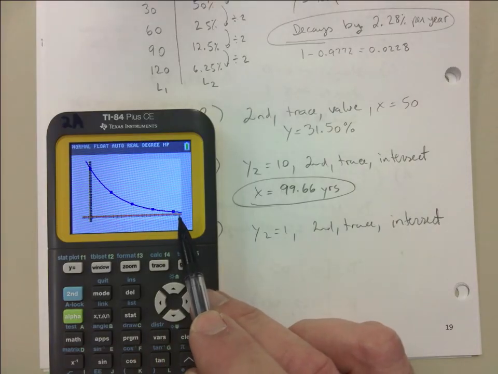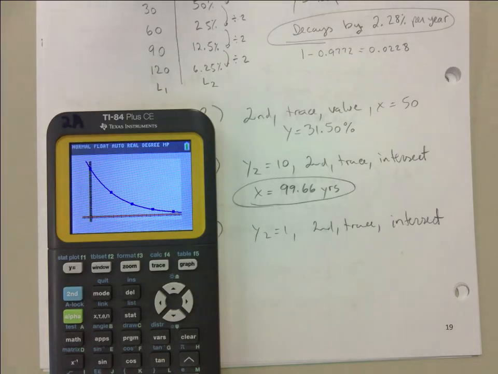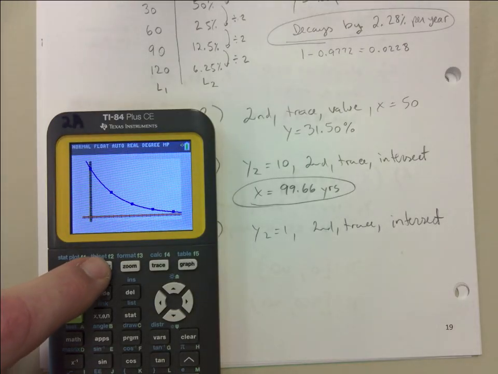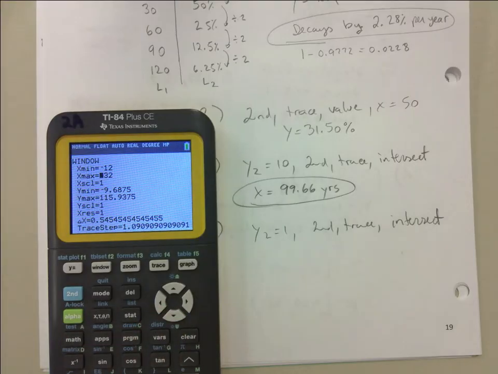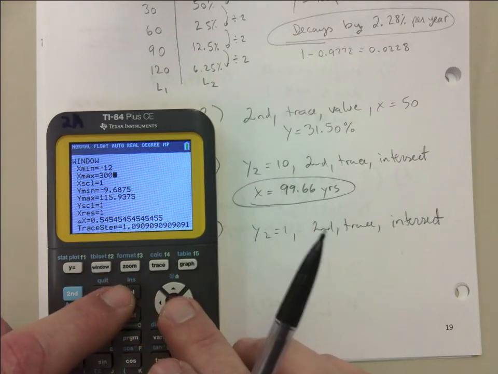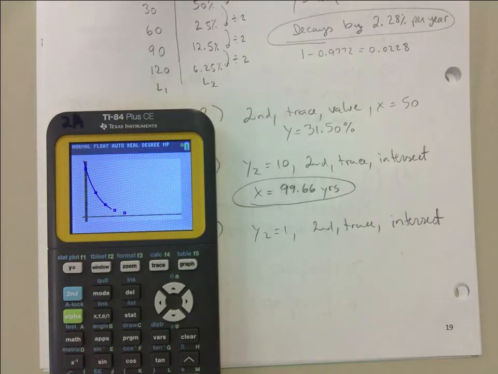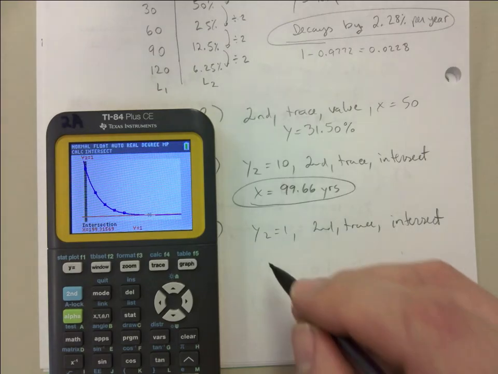It's not meeting on the window, so you got to keep going, chase the curve to the right. So I'm going to go window, X max. What should I go with? I'm going to go with 300 for now. Sorry, not 3,000. Let's try this. Second trace 5. Enter, enter, enter. Oh, it found it.